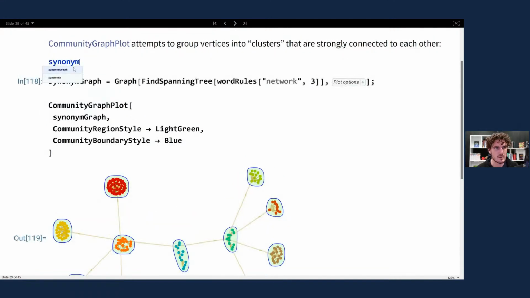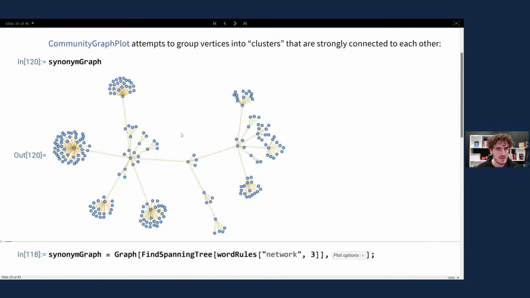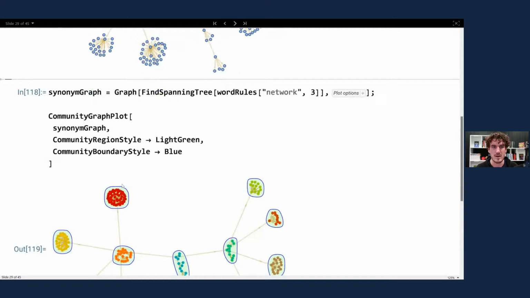Looks like a very large graph. Okay, so this is the graph. Communities are quite easy to identify in this, and CommunityGraphPlot just makes them a lot more obvious.